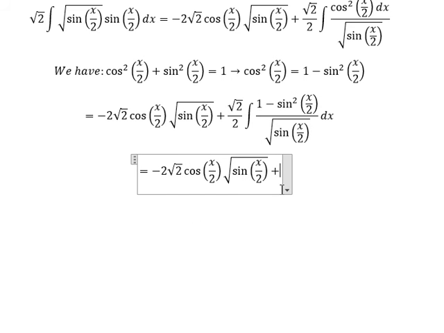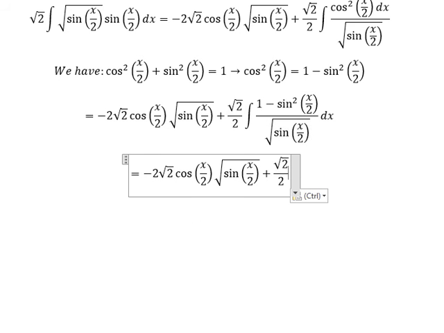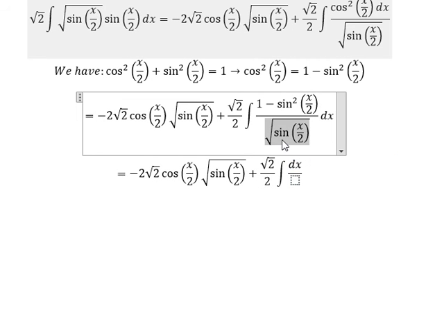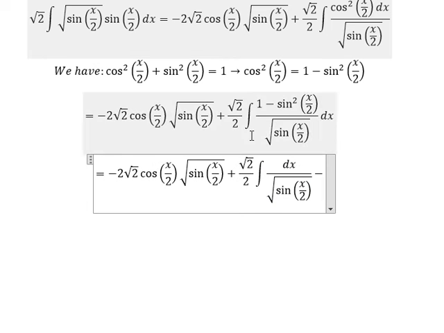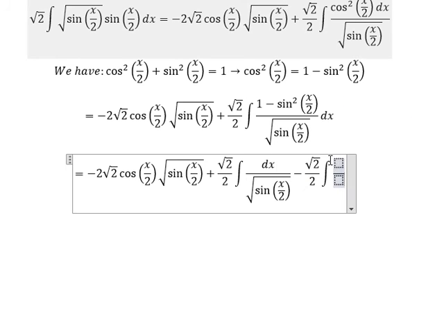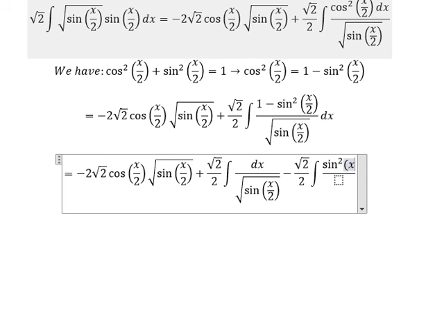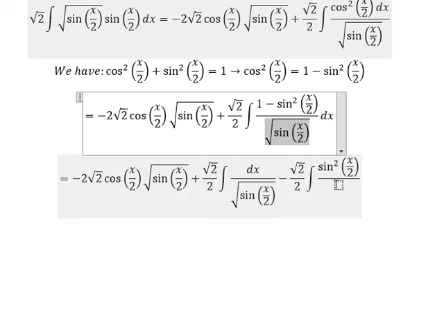The first one, that's the integral of ds over the square root of this one, and the second one we have the integral of sine squared of s over 2 over the square root of sine of s over 2.